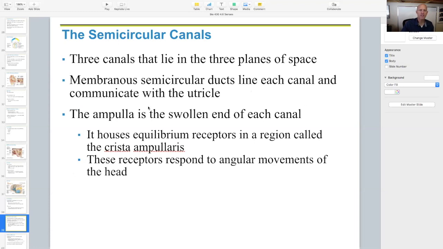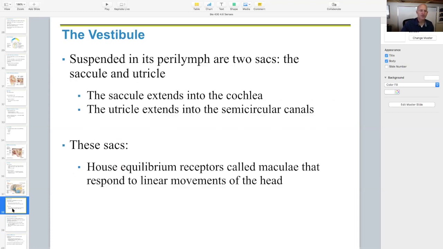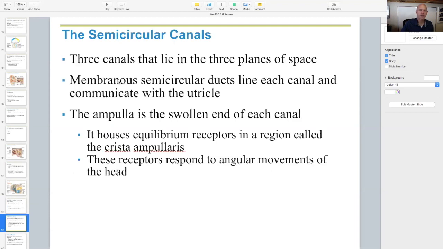All right, so in these areas we have the macula, and in the semicircular canals, those areas that house the receptors are called crista ampullaris. They're really similar in how they work. You'll see it's all about some supporting cells, some hair cells, and then the hair cells move to stimulate the registration of vertical, linear, and dynamic movements. You'll see how those work, okay?